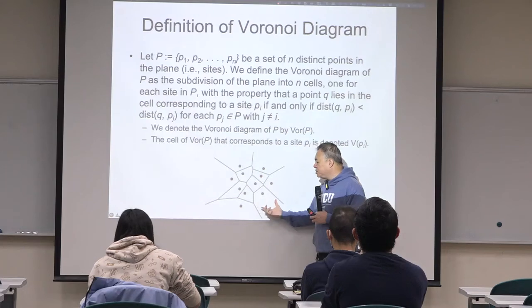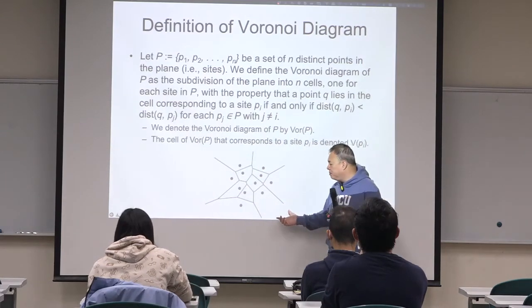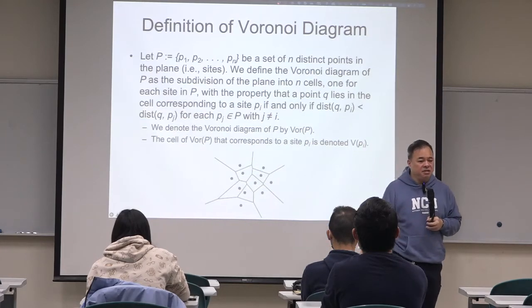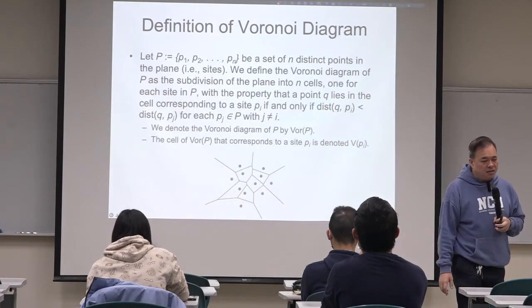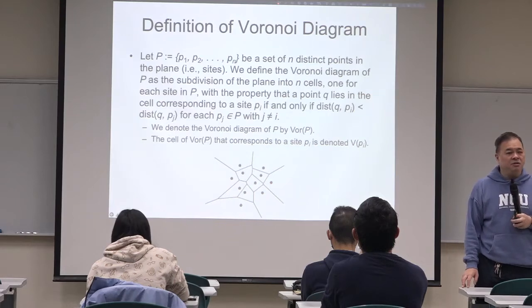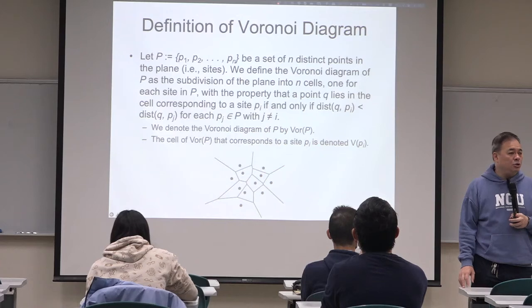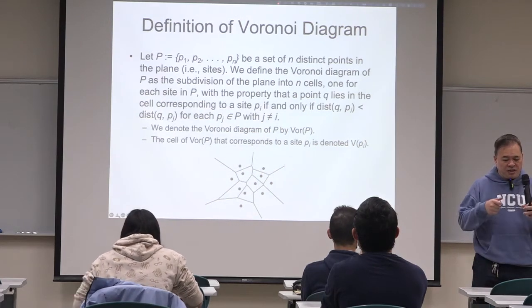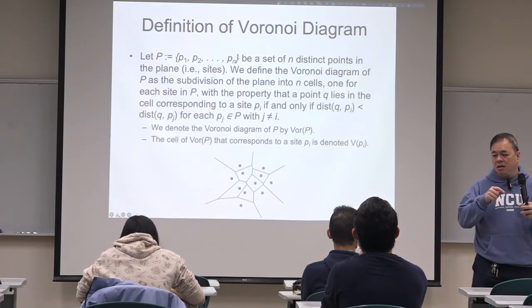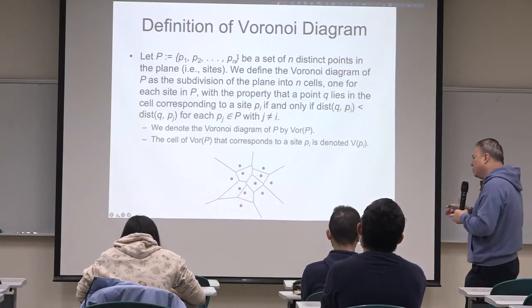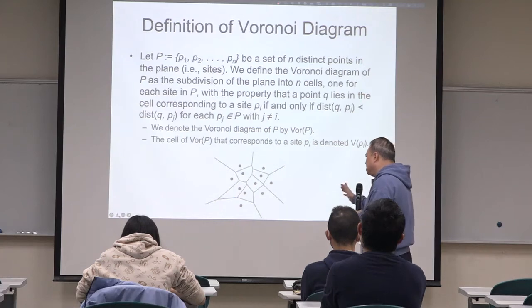Okay, and just by looking at this figure, I think you can tell this Voronoi diagram has vast applications, right? For example, even in biology, when you look at the cells, the cell structure will look like this, right? So there are so many applications for that.